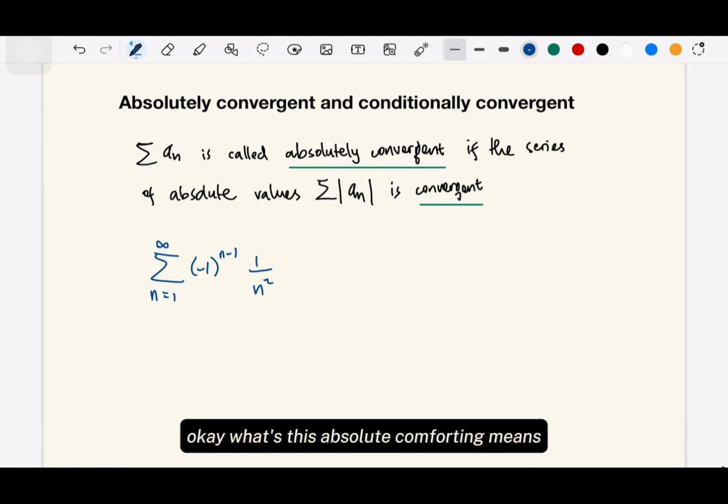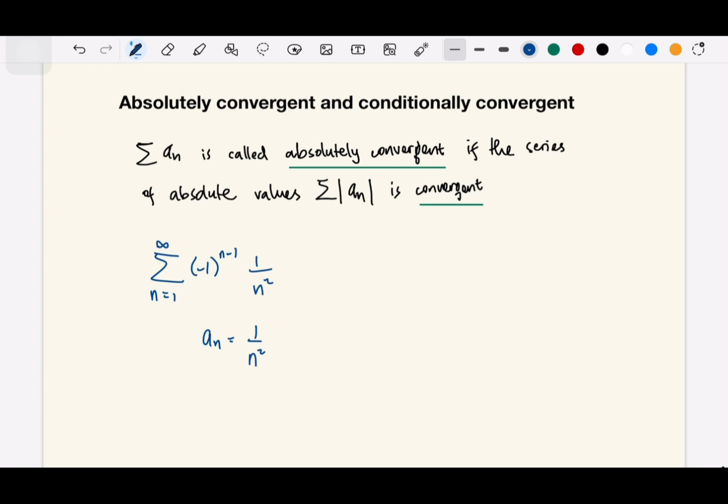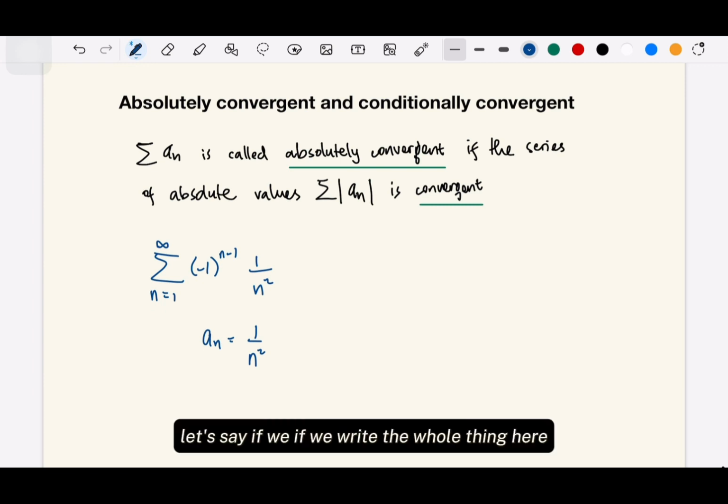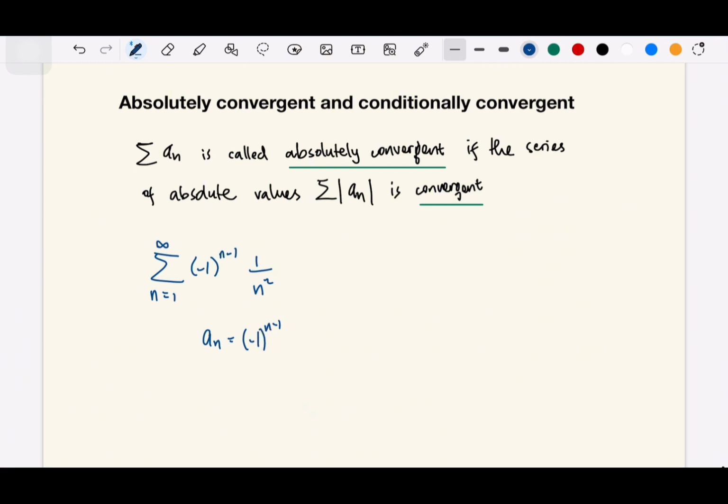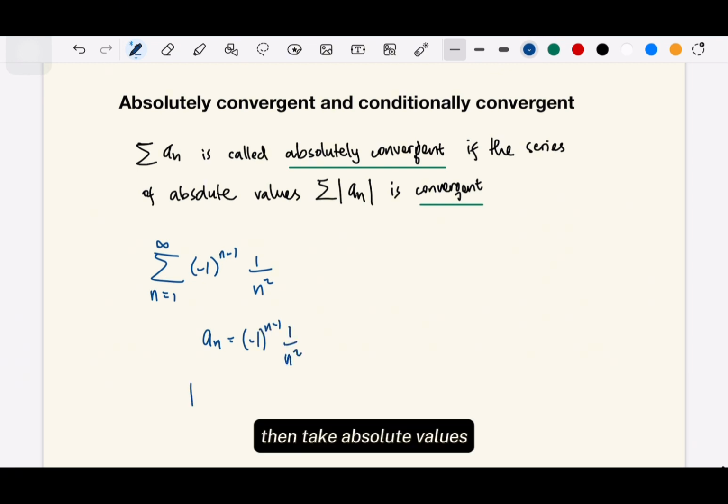What this absolute convergence means is the first thing we can ignore this -1 in front. We focus on the 1 over n squared. So we take absolute values. So an is 1 over n squared. Or let's say we write the whole thing here, then take absolute values.